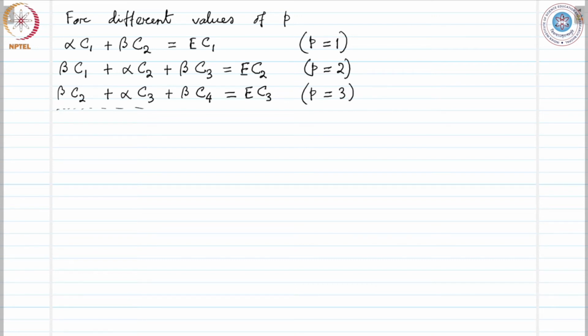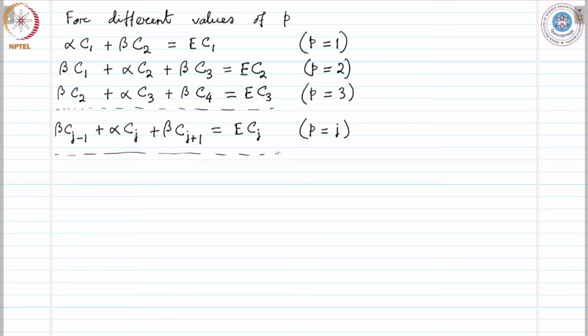Similarly, we can go up to the jth term. There we can write beta Cj minus 1 plus alpha Cj plus beta Cj plus 1 equals E Cj. This is for P equals j. We can move forward just like that.